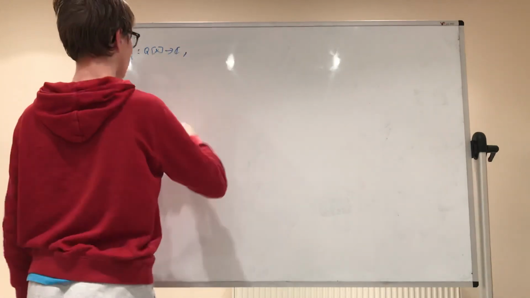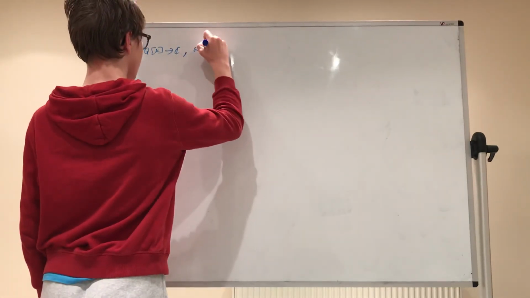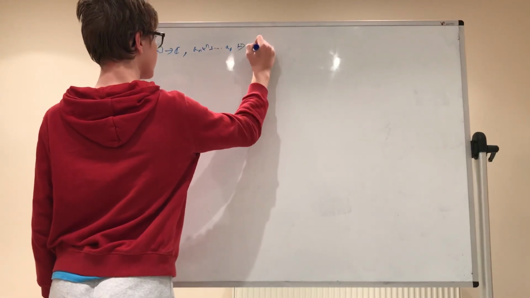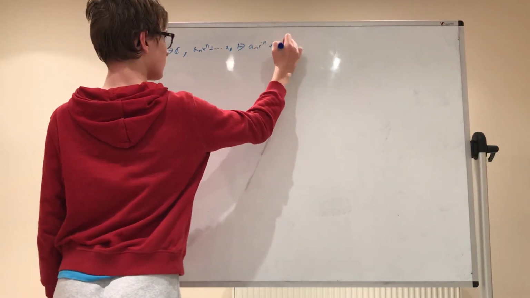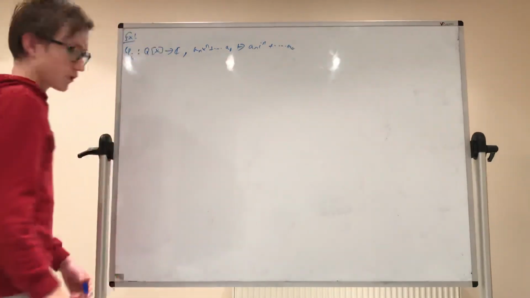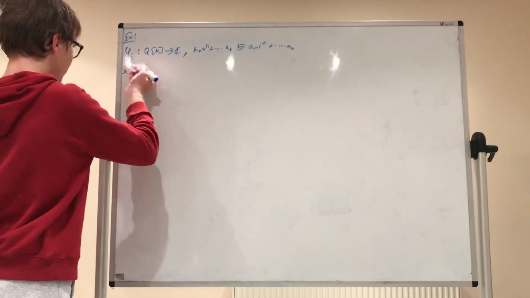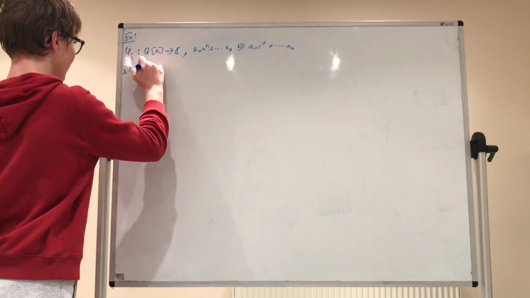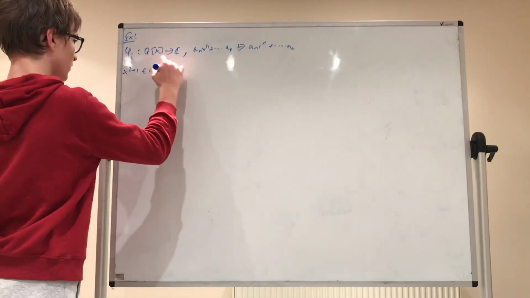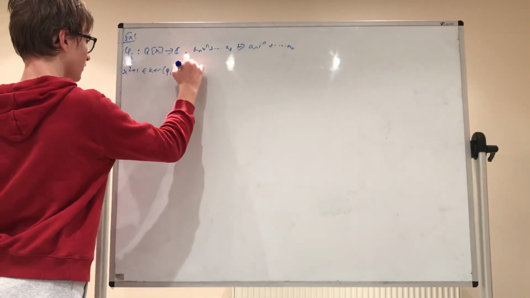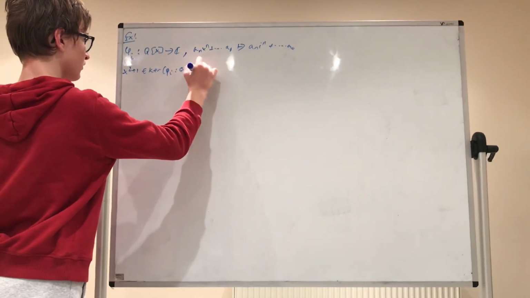It's going to send a_n x^n plus ... plus a_0 to a_n i^n plus ... plus a_0. An example of something in the kernel of this, a famous one, is x squared plus 1 is in the kernel of phi_i from Q[x] to C.